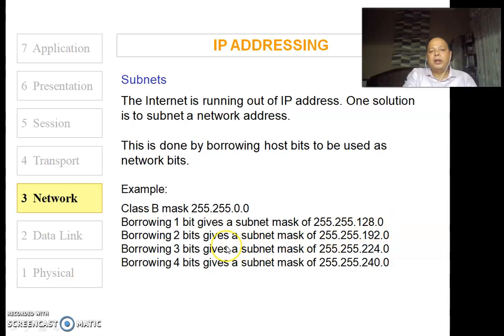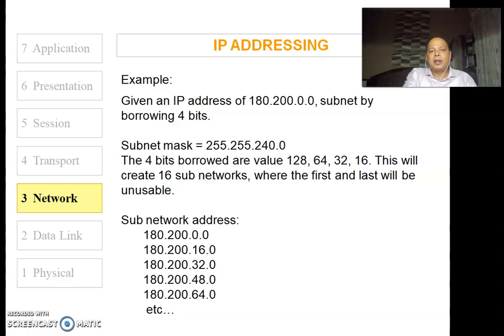Or borrowing 2 bits, you can see that this particular octet is changing, so it will be 192.0. If you use 3 bits, then it becomes 224. If you use 4 bits, then it becomes 240. So the subnet mask becomes 255.255.240.0 in case you borrow 4 bits.